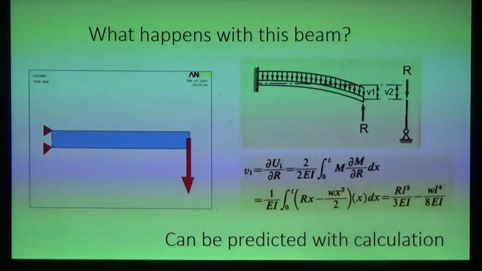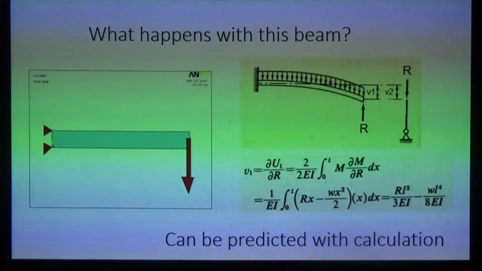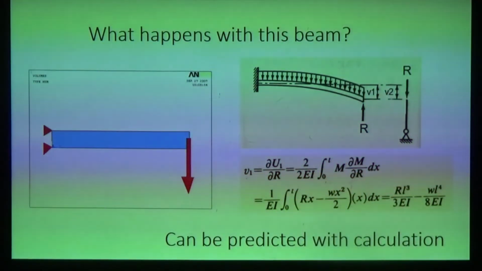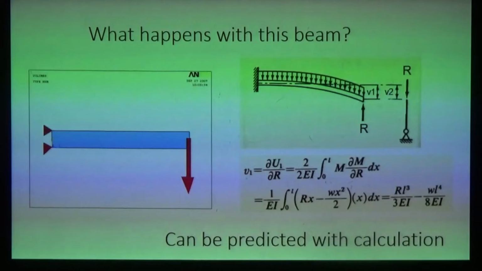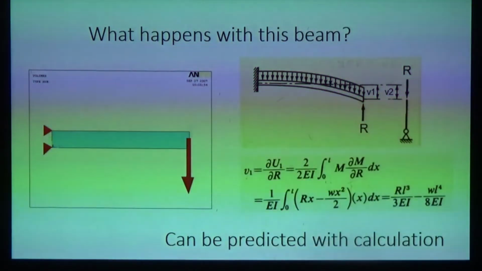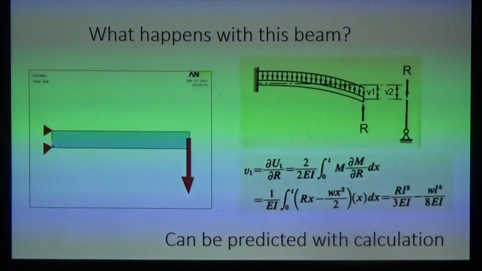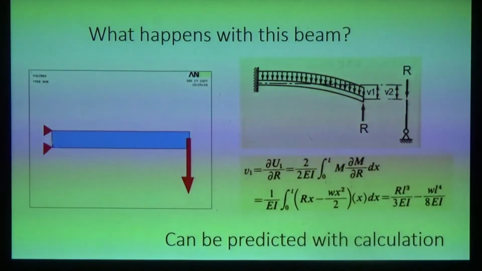Similarly, it is easy to predict the degree to which a beam will sag when a force works at one of its ends. We can predict this by simple physics calculation. Thus, with simple structures, the direction and the amount of their transformation in response to force can be predicted by simple calculation.